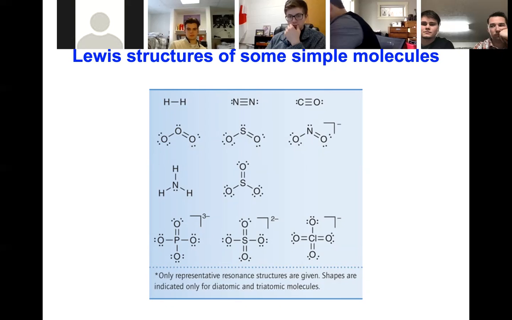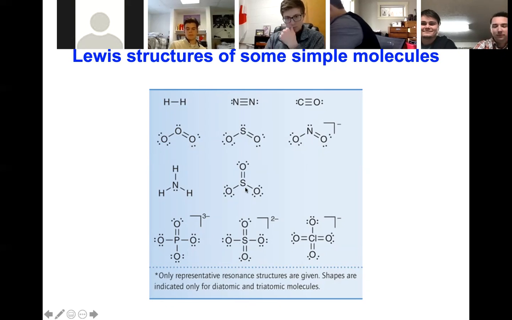In other words, they tend to violate the octet rule. In this case, how many valence electrons does sulfur have? 1, 2, 3. How many? It has 12 valence electrons if you do the counting. So that's what we call hypervalence in this case.